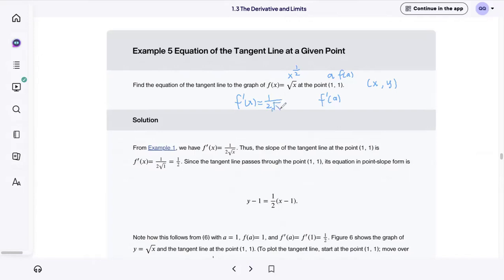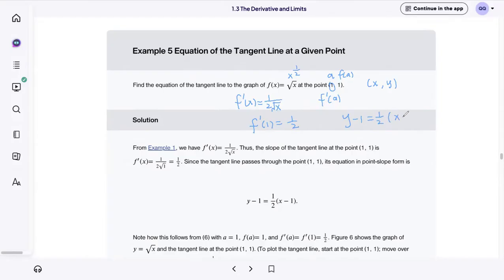We did this earlier. The derivative of square root of x is 1 over 2 square root of x. Then we evaluate it at the value 1 because a is 1. This is 1 over 2, right? Square root of 1 is 1, 1 times 2 is 2. So that's a half.